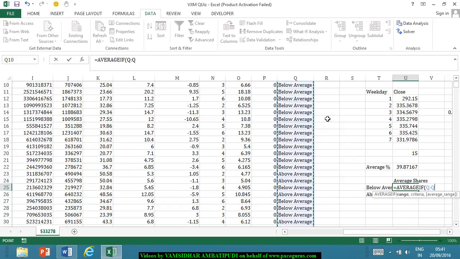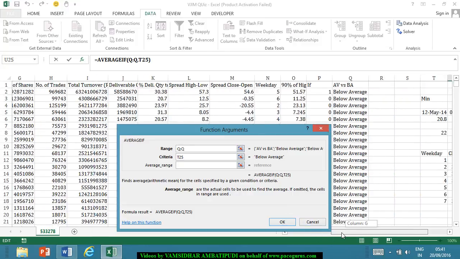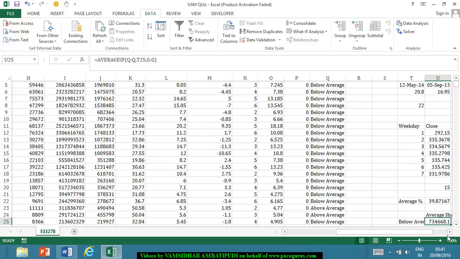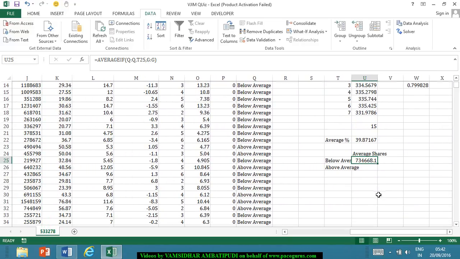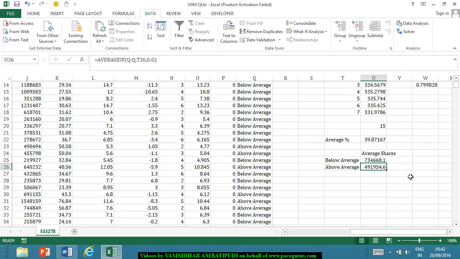So within this range, this is the criteria, and for this criteria I'm looking at the shares traded. So this is the average number of shares traded on the below average days. The same thing when I take it here, this is the number of shares traded on the above average days.